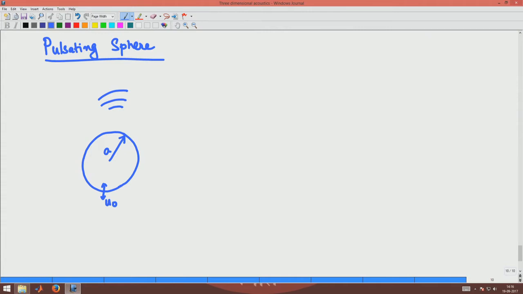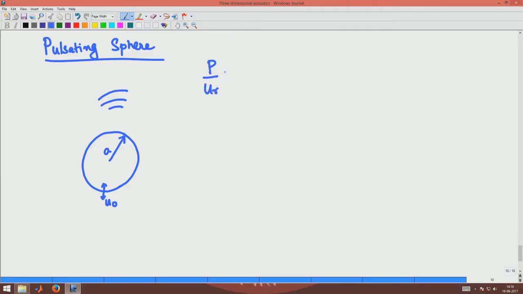Towards this end, we will simply apply the impedance relation that we derived in the previous class. You will recall the pressure by radial velocity formula states that rho 0 c into i k r divided by 1 plus i k r is the spherical wave impedance, which is basically the ratio of the pressure to the radial velocity.